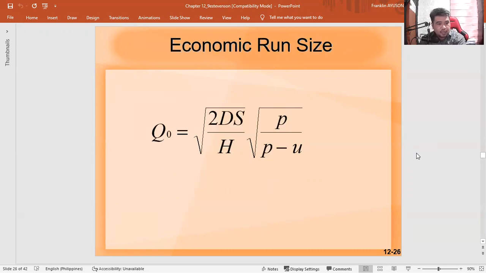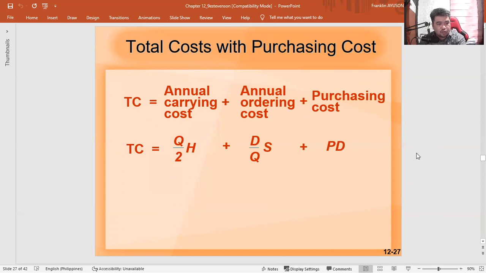So we need to consider the total cost with regards to purchasing costs. Our total cost now equals not only our annual carrying cost and annual ordering cost, but also this time the purchasing cost involved. So we add purchasing cost to annual carrying and annual ordering to achieve total cost in terms of inventory.